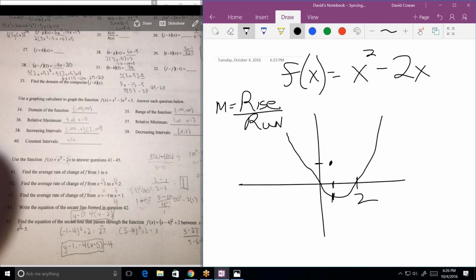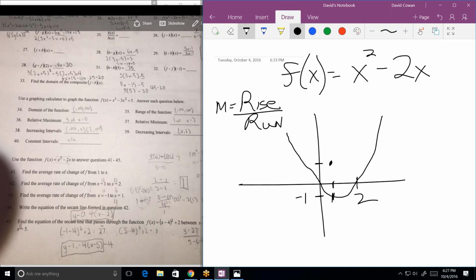Okay, and they want the change. Well, when x is 1, y is minus 1, and when x is x, y is x squared minus 2x.